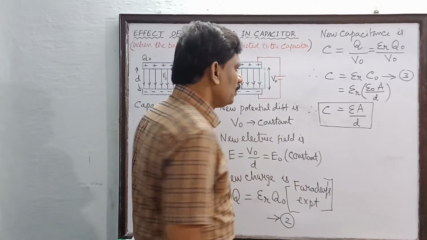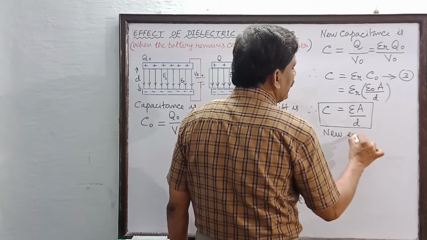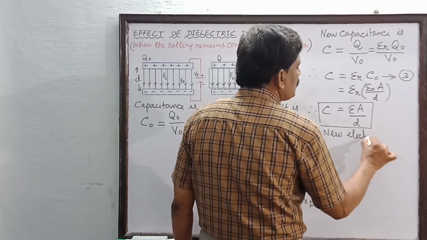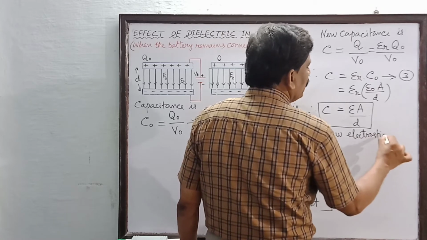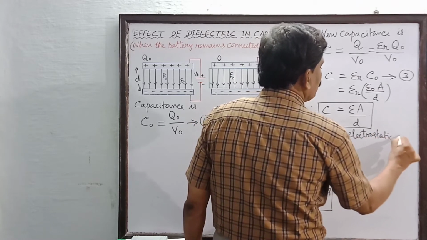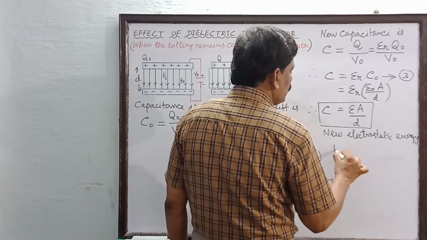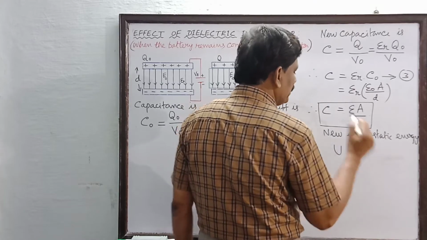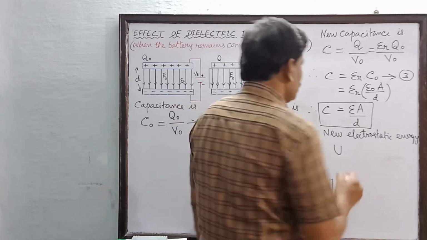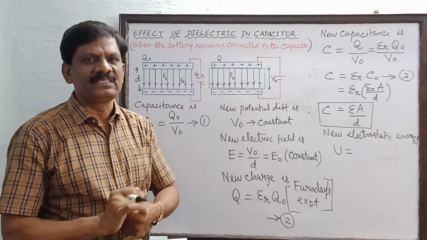Okay students? Now what will be the new electrostatic energy? It is denoted by the symbol U. Before that, the original electrostatic energy we have studied is half CV square.